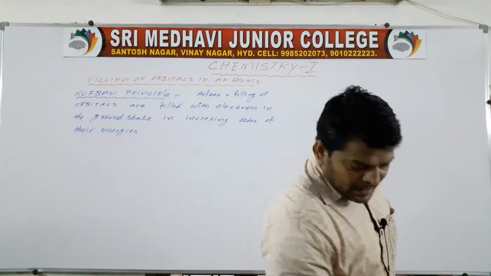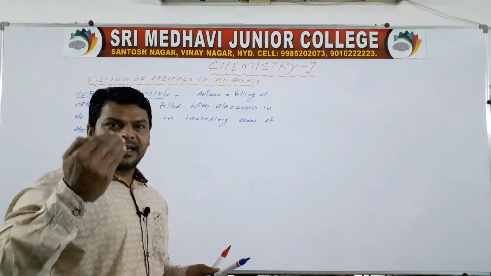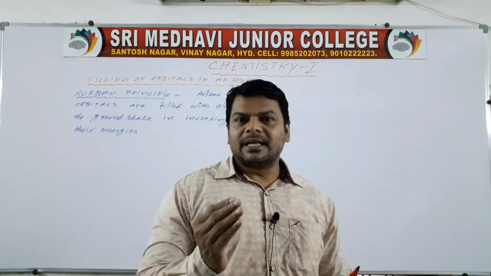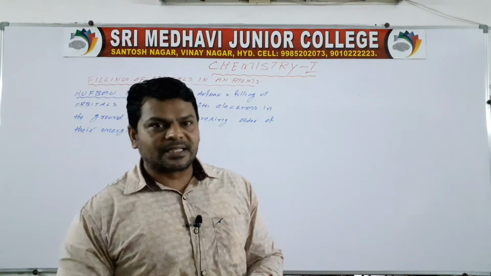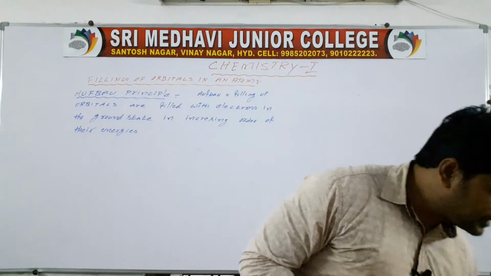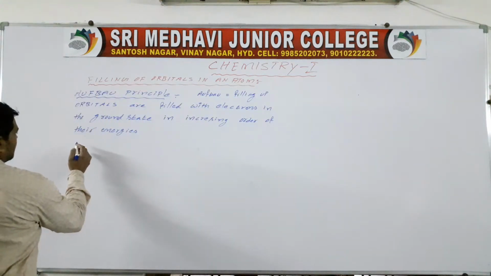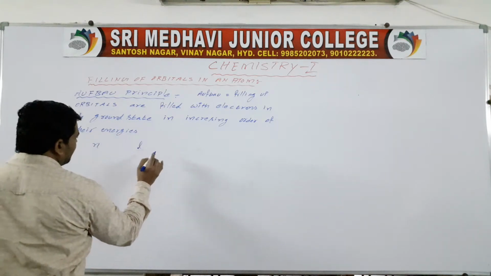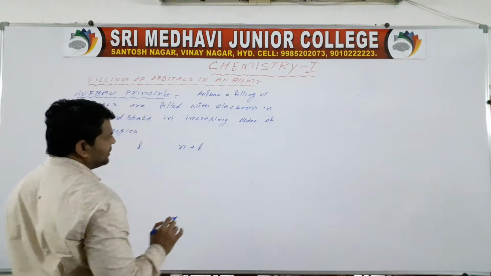This means electrons enter into orbitals based on their n plus l values. If the n plus l value is the same, then electrons enter the lower energy level first, the higher energy level next. Here I am taking the orbital, n value, l value and n plus l value.